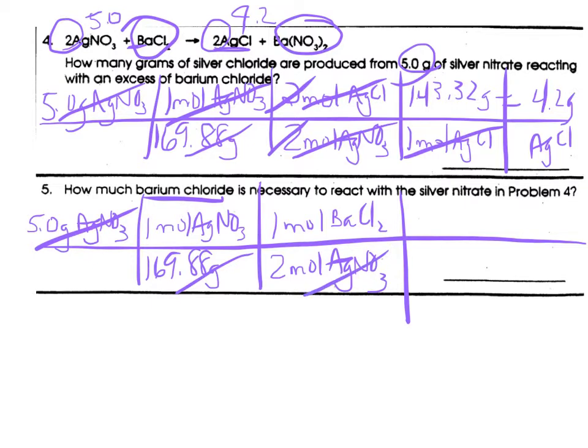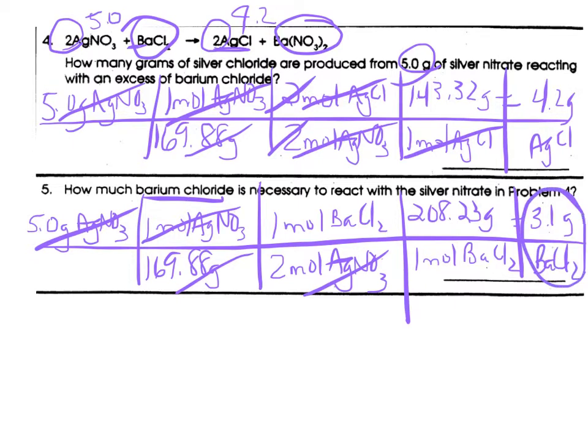So this time we use more silver nitrate than we do of the barium chloride. And then finding the molar mass of barium chloride at 208.23 grams is going to give us 3.1 grams of BaCl2 as our final answer.